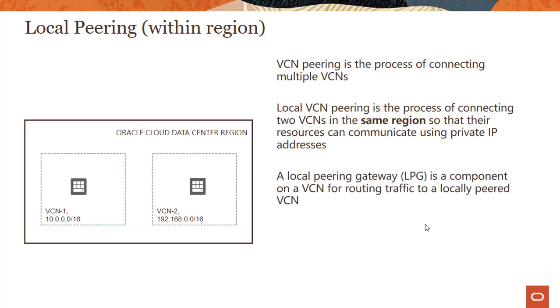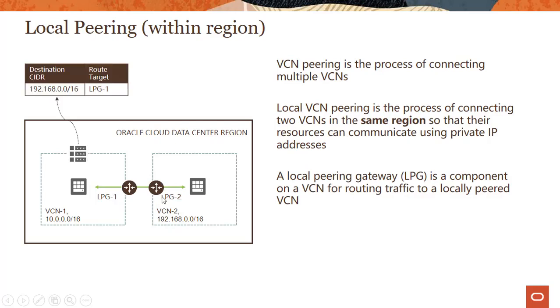Now, how does this work? The first thing we do is create this gateway, as we saw in the previous module, called a local peering gateway, which routes the traffic between these two VCNs. A local peering gateway gets created on each of the individual VCNs. Once you create it, you have to specify the routes for the IP packets, otherwise they don't know where to go.